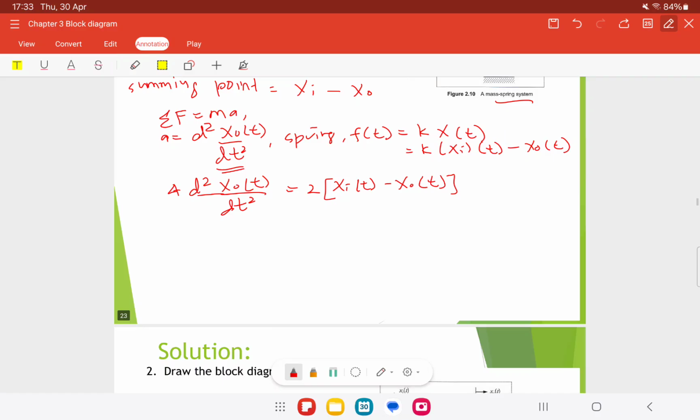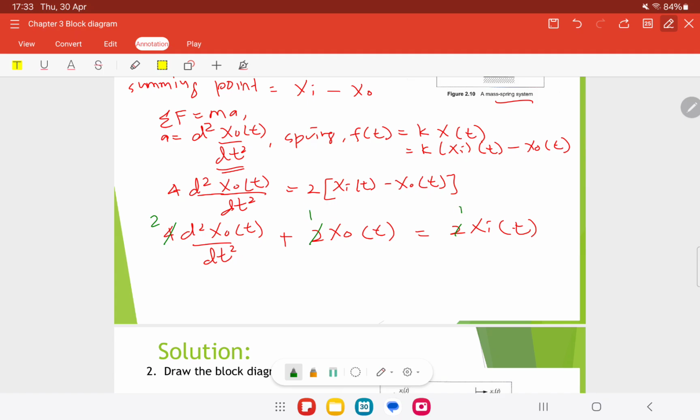Okay, so now we have this one, so we can take the x naught to one side and xi to the other side. 4 d square x naught(t) over dt square plus 2 x naught(t) equivalent to 2 xi(t). Here we can divide everything by 2, so this one becomes 2, this becomes 1.